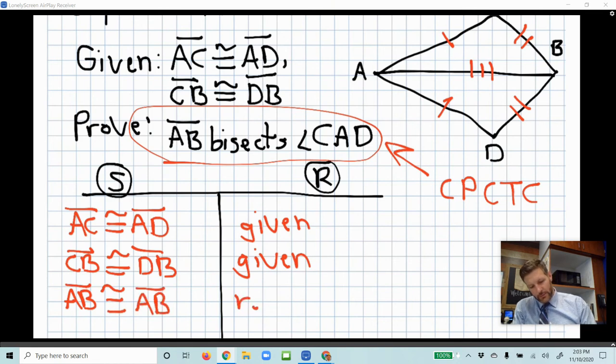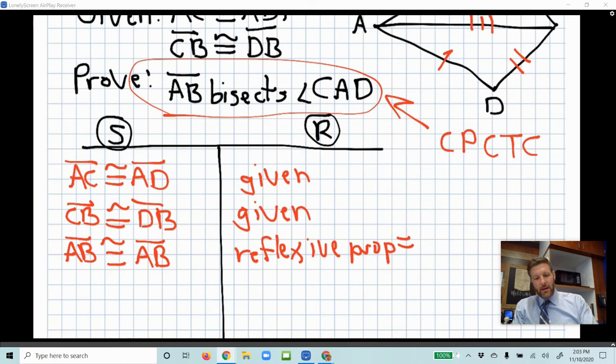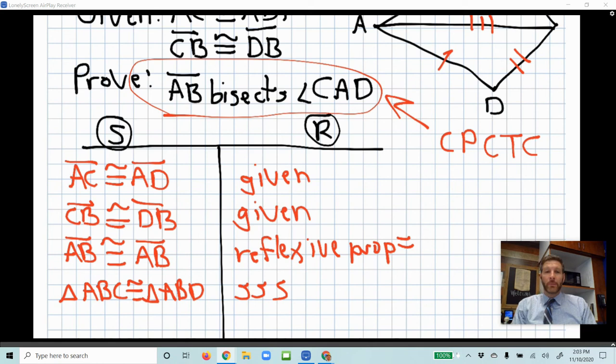It's the same line, so we call that reflexive, the reflexive property of equality. Now I've got my three pieces of information. It's not AAA or ASS. And so I can say triangle ABC is congruent to triangle ABD. How did I prove it? SSS.